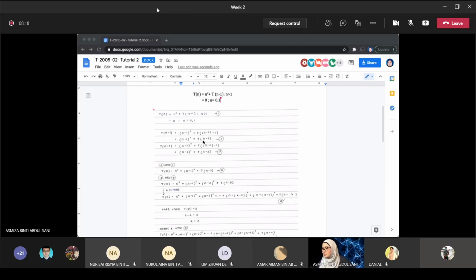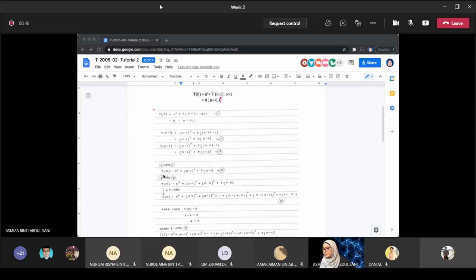The next one, we try to find T(n-2): (n-2)² + T(n-2-1), which gives T(n-3). Okay, so we're going to plug equation 2 into equation 1. We're going to put this equation into here.